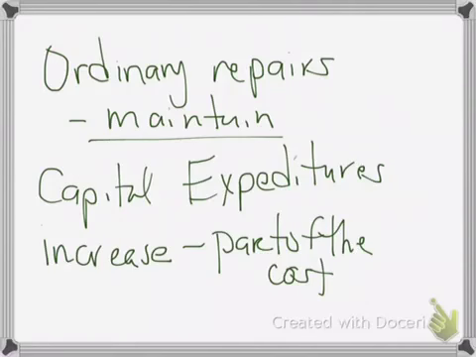So if we're just maintaining current status, that's an ordinary repair, it'd be repairs and maintenance. If we are increasing either the efficiency, the productive capacity, or useful life, that is going to be a capital expenditure, and it needs to be added to the asset's cost.